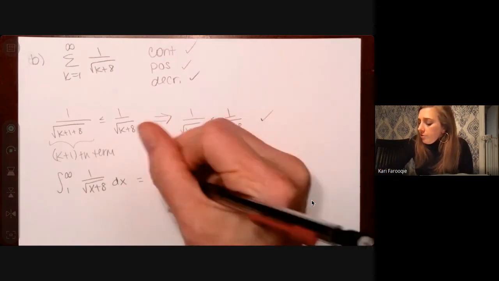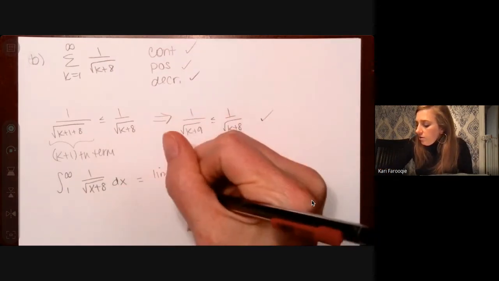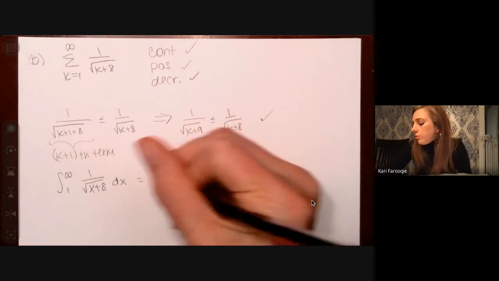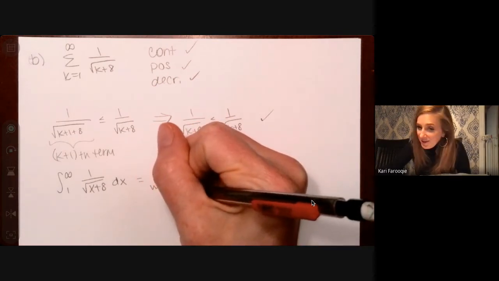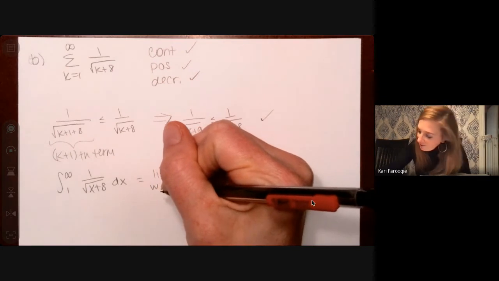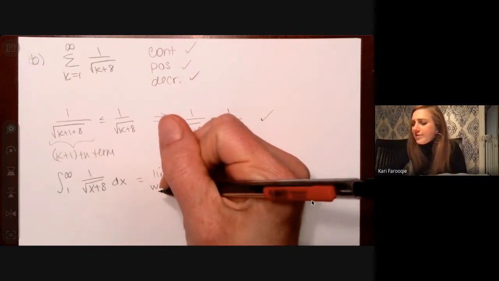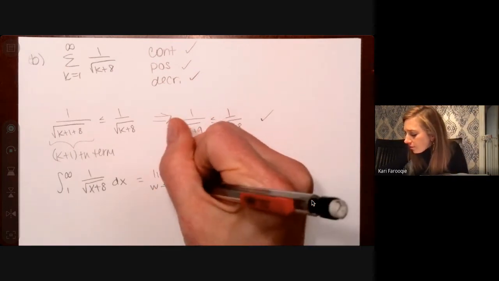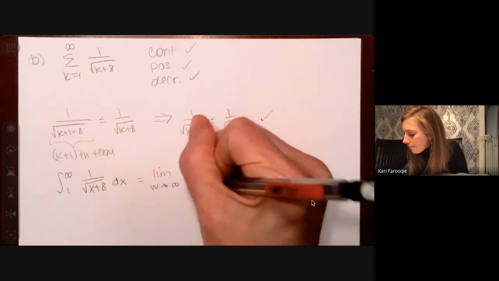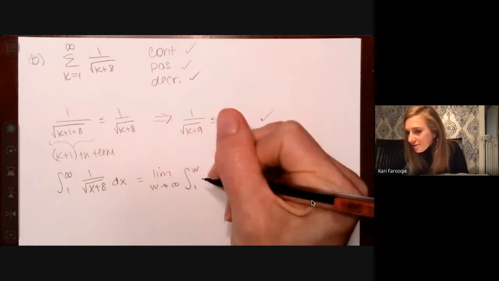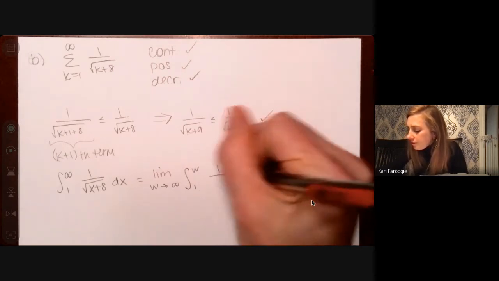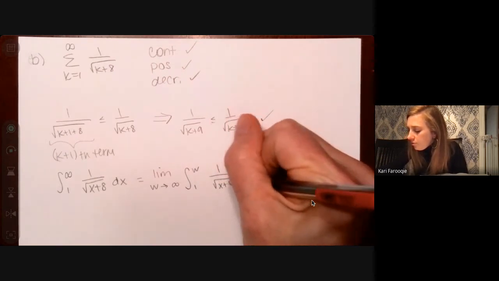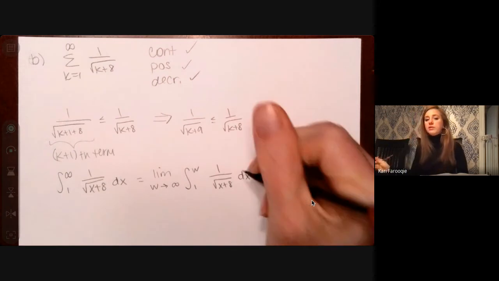So let's write this as the limit as, I'm going to use w. Even though I know at some point I'm going to end up using dw probably, but it's okay. We're going to get through it. Got to face our fears. We're going to take the limit as w approaches infinity of the integral from 1 to w of 1 over the square root of x plus 8 dx.